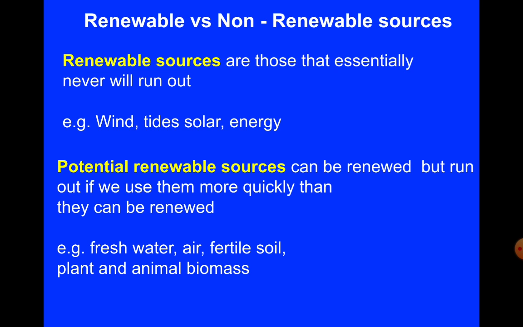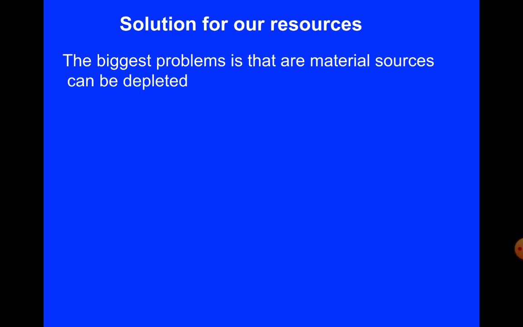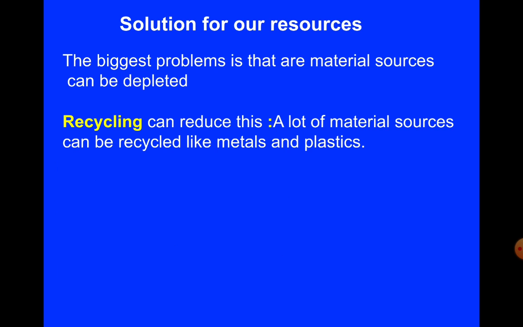Now, what are the solutions for our resources so that they don't get depleted? They can be depleted. One of the things is recycling. We can reduce the use of material sources by recycling or reusing. A lot of material sources can be recycled, metals and plastic.